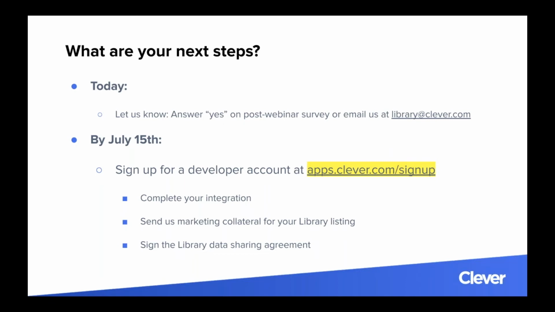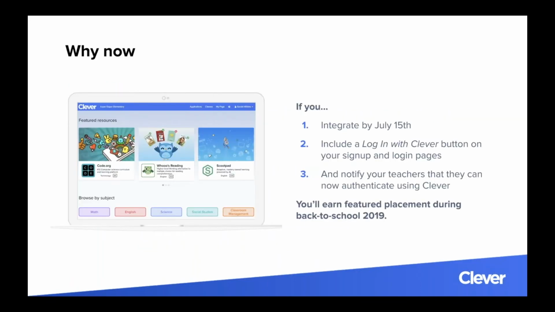If you integrate by July 15th, and what that entails is signing up for a developer account, completing your integration, sending us the marketing material to populate your profile, and signing a library-specific data sharing agreement. If you complete those steps by July 15th, we will make sure you're live and available to teachers for back to school.